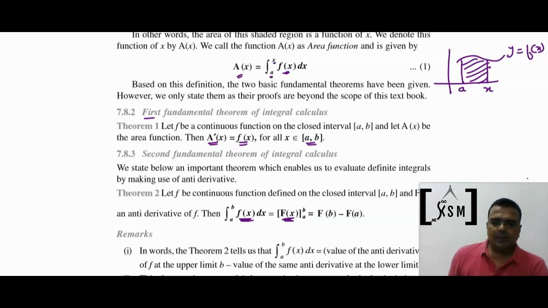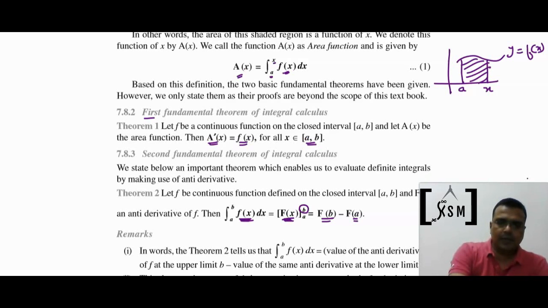After we do that, we'll put in the upper limit value, which is b in place of x. So we'll get the value F(b), and then minus the lower limit value, which is a, we'll put into F(x), which is F(a). So b is called upper limit and a is called lower limit, right?